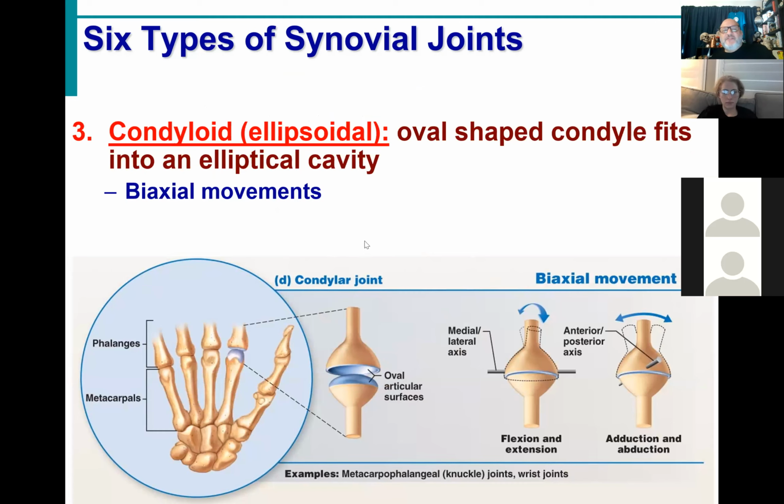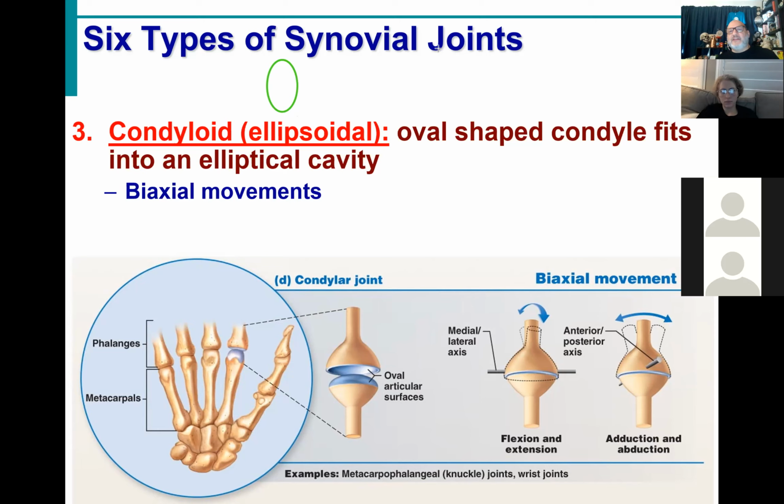Our next specific type is what is known as a condyloid or ellipsoidal. Ellipsoidal because, and I'm going to cheat here, it is an elliptical, which is basically an oval shape. And as we said, a condyle, remember, as we've been working through our bone features, a condyle is kind of a smooth oval surface.